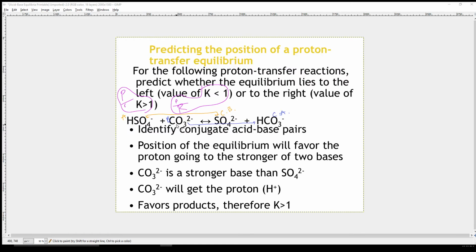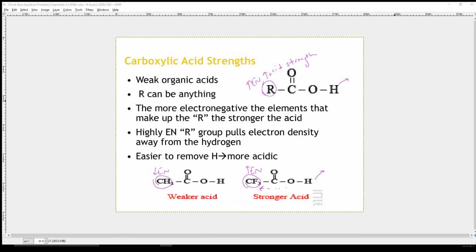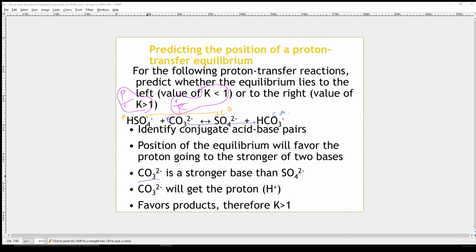And so this carbonate here is going to attract hydrogens more easily than the sulfate will, making carbonate stronger. Let me just back up a little bit here. Right now we're looking at our number of hydrogens. It had fewer hydrogens, so it's a weaker acid or a stronger base. They work in opposites, because it has fewer oxygens.